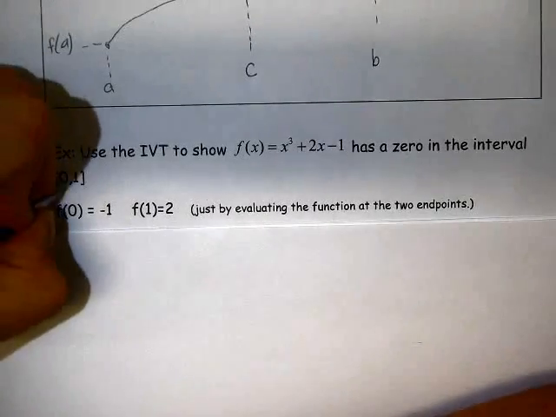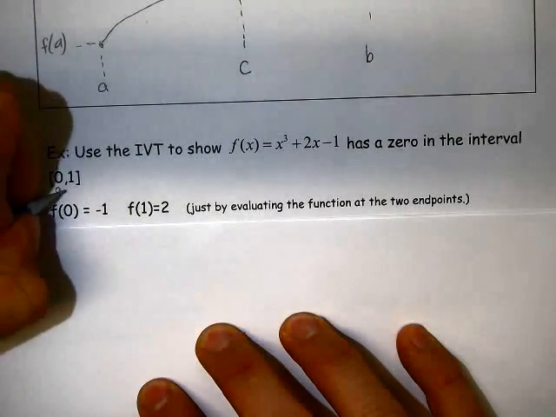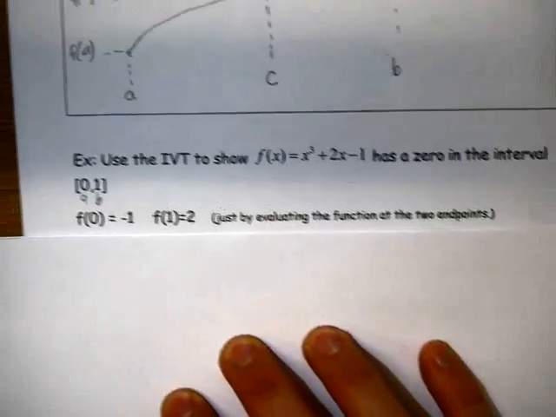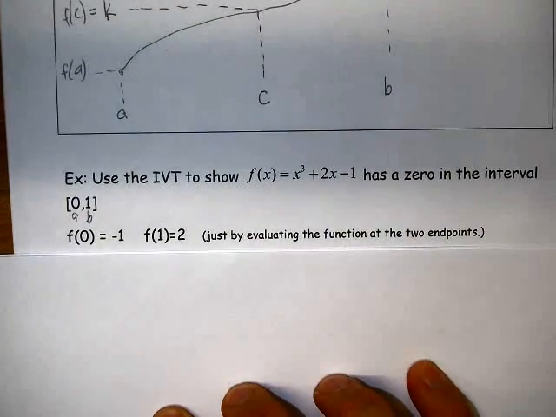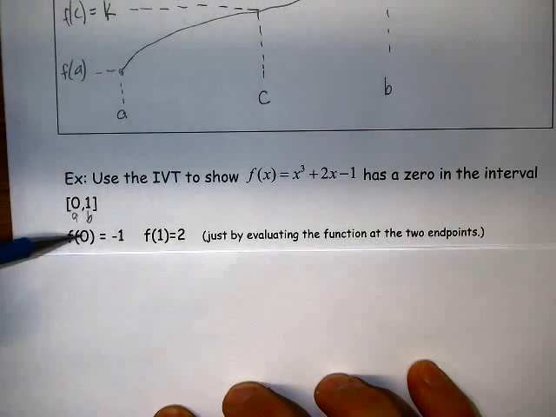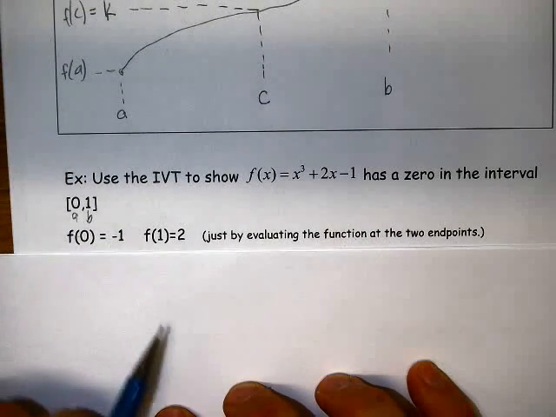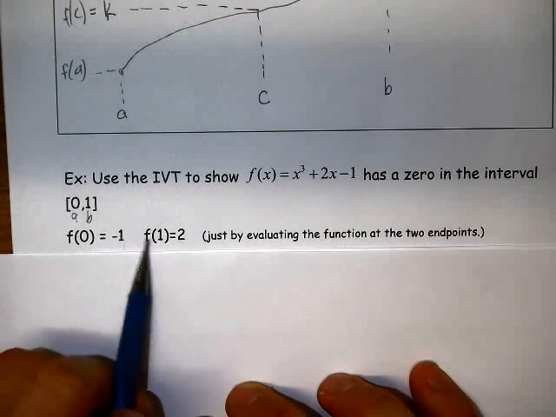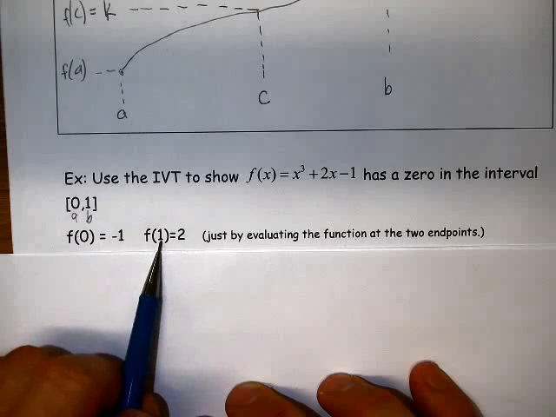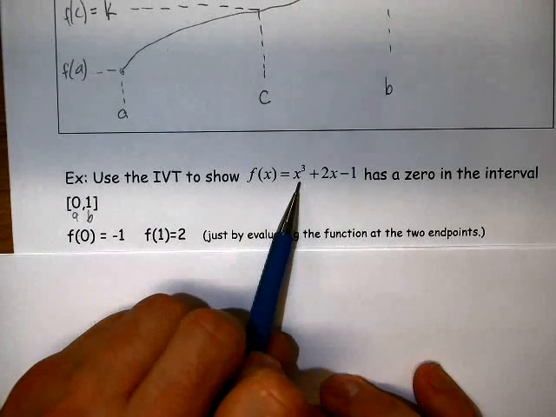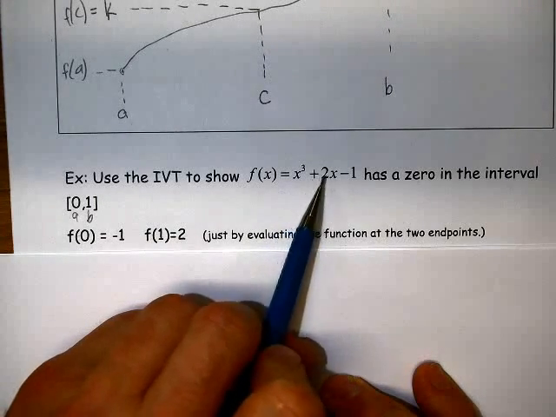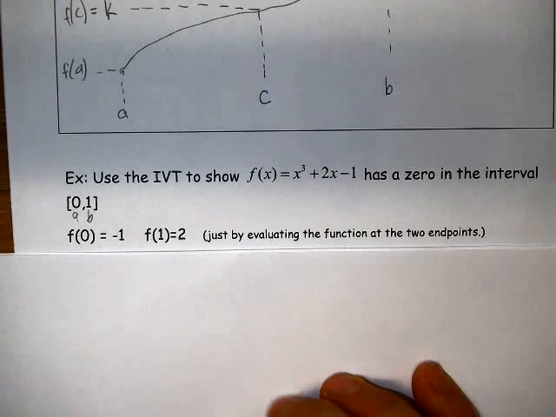In this case, we have our a value is 0 and our b value is 1. So we're going to evaluate f of 0. We just plug that into the function, and the f of 0 value is -1. And when we plug in f of b, or f of 1, we evaluate that function, 1 cubed plus 2 times 1 minus 1, we get 2.